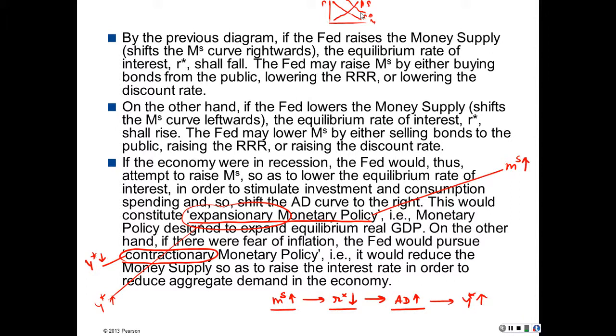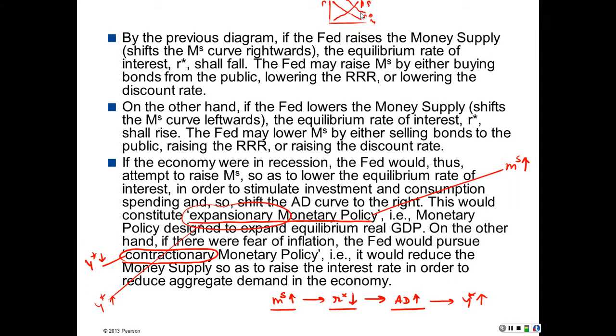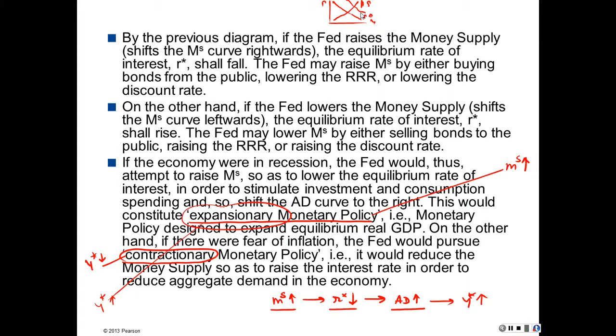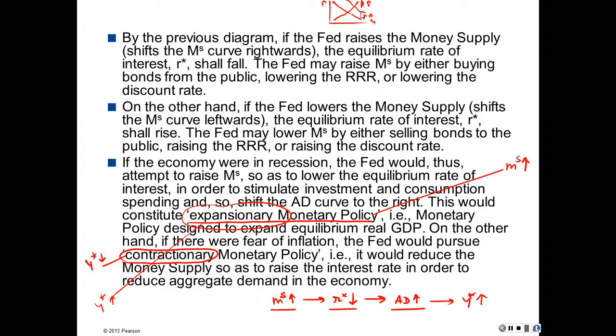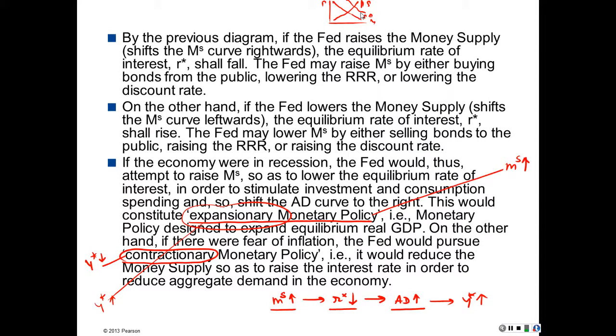Correct? To combat this inflation, the Fed would like to pursue contractionary policies, policies that would in fact dampen consumption, investment spending, and also net exports, in order to put the brakes on any rapid increase in AD. Right?